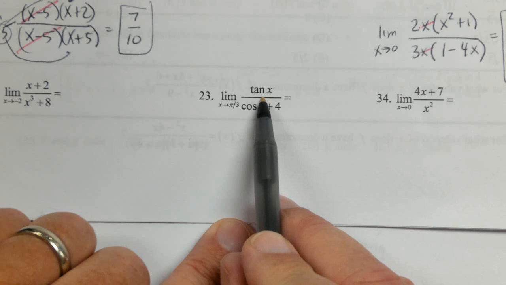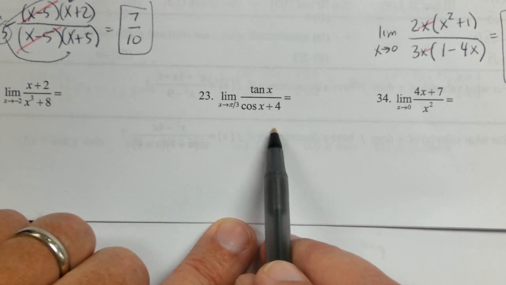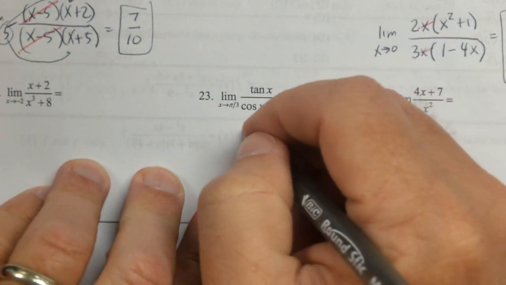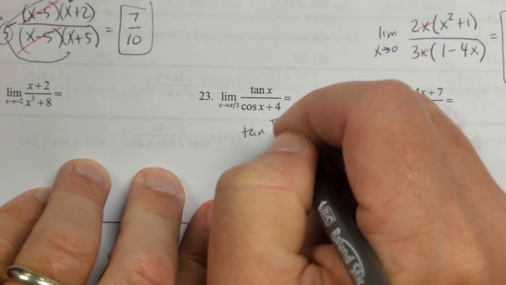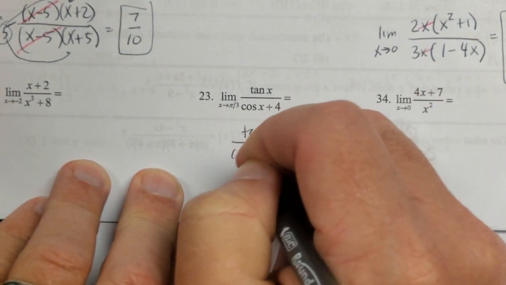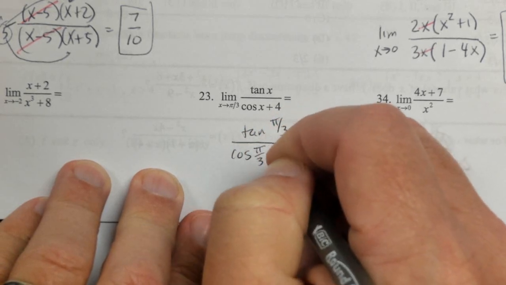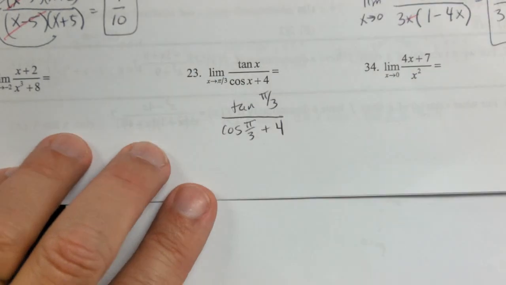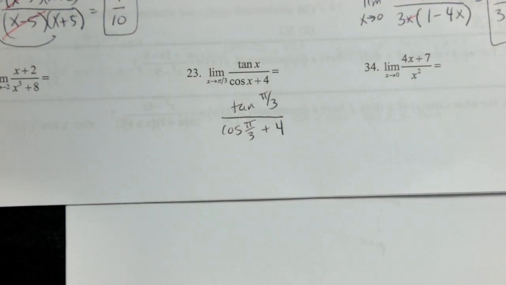23, that does not look like a 0 over 0 about to happen, because cosine of x plus 4, I don't think that's going to be 0. So this is more of a unit circle problem than anything. Okay, this might be the greatest day in some of your math life, because what I've written is calculator ready.